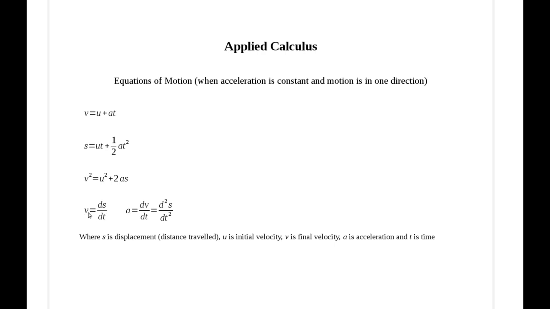Then if you differentiate that velocity, the gradient is equal to the acceleration. This here is another way of writing the same thing, because you've differentiated once, found velocity, differentiated again, and found acceleration. This is saying you've differentiated the initial one, the displacement, twice.